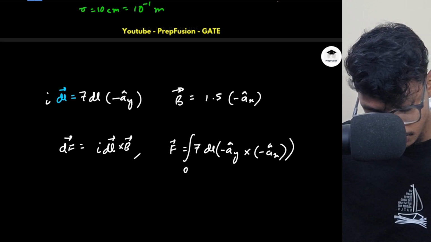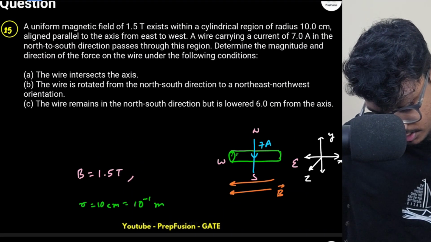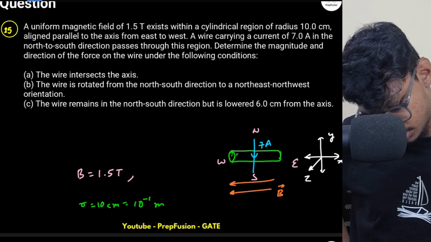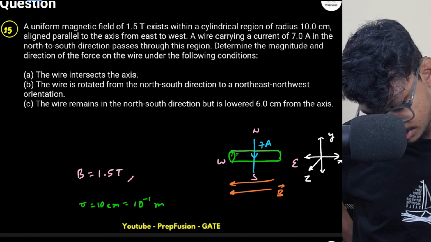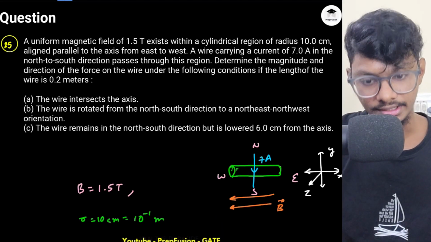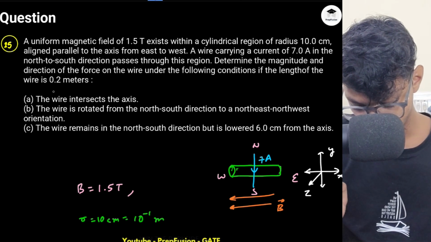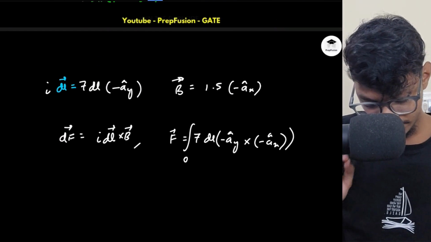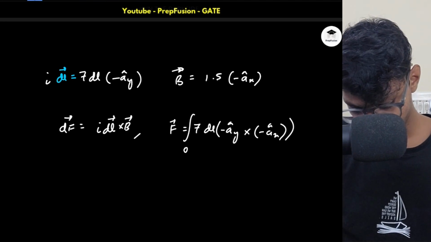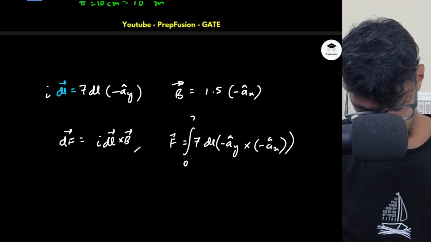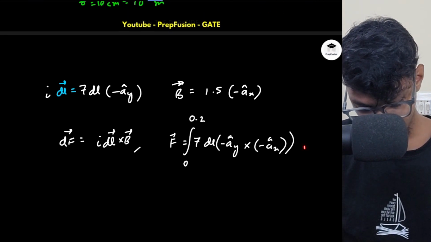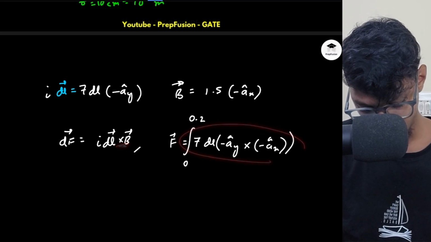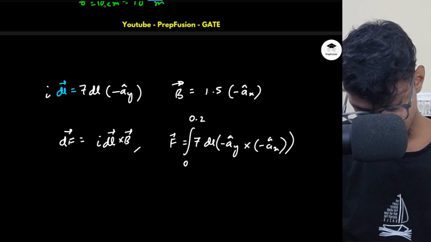L will be from 0 to, have they specified the length of the wire? They have not specified the length, so I have read it back from the question: the length of the wire is supposed to be 0.2 meters. So the limits go from 0 to 0.2, and there is also the magnetic field that I missed here. It should be dl cross B, so B has its own magnitude.